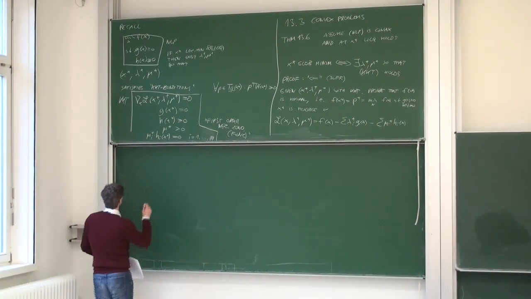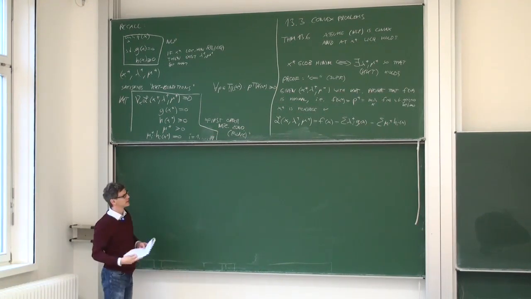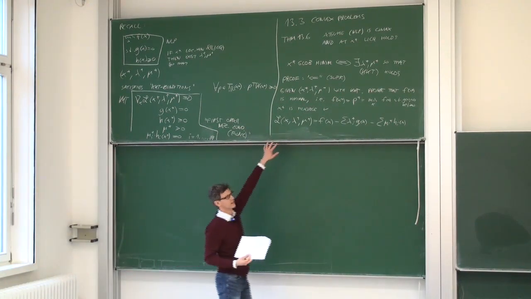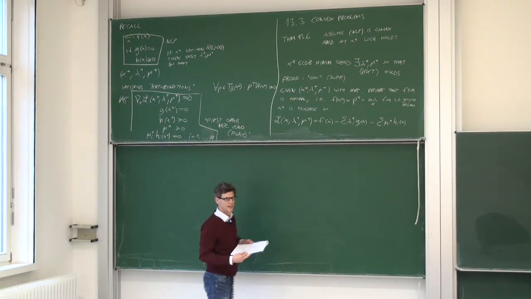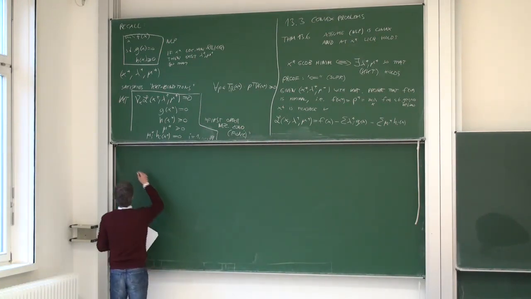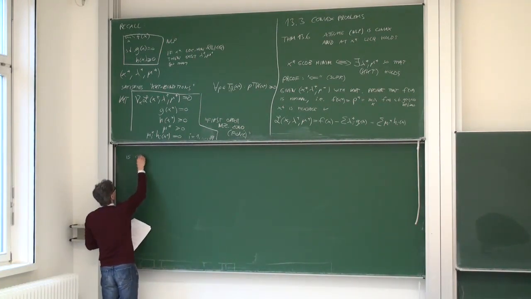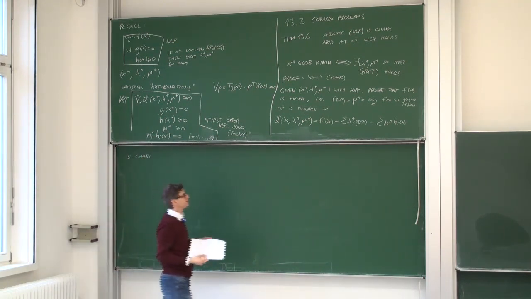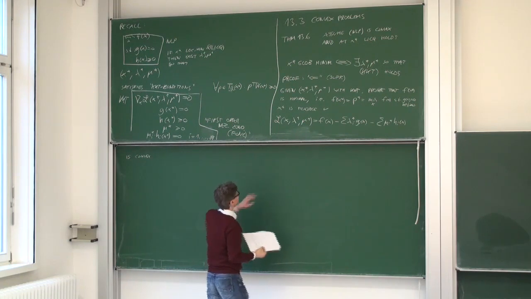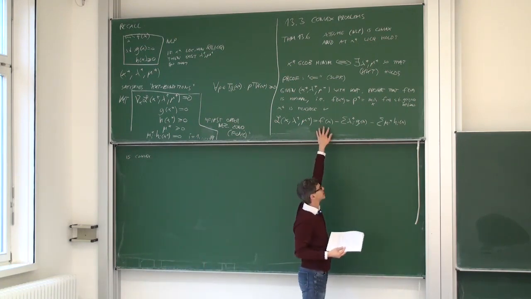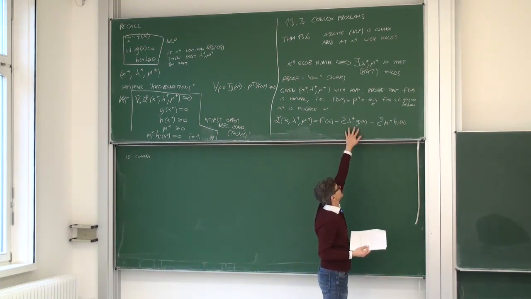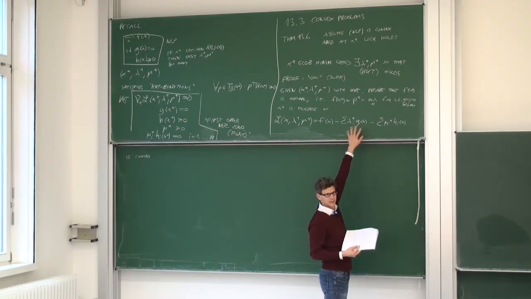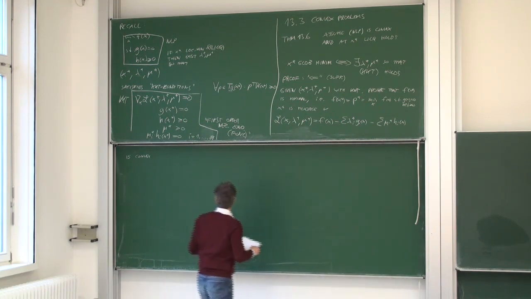For a convex problem, I want to show that this function is a convex function. And why is it convex? It's the sum of f, which is a convex function, and these things are linear or affine functions, because otherwise the whole NLP is not convex.